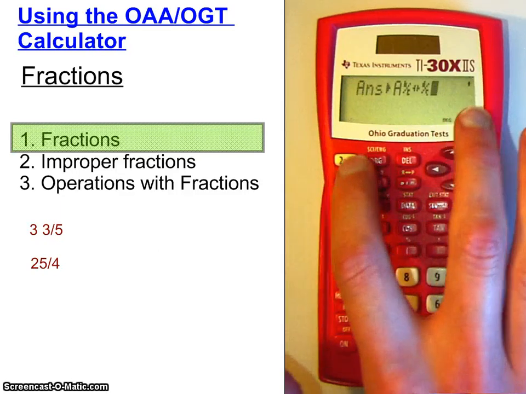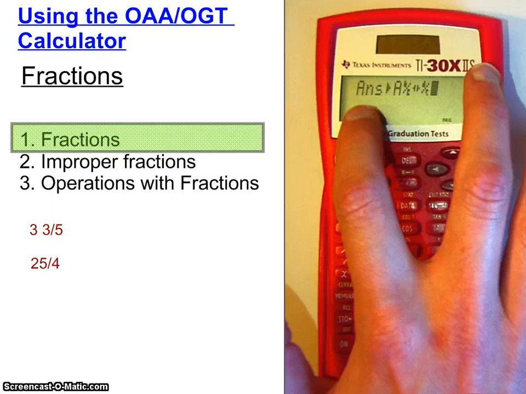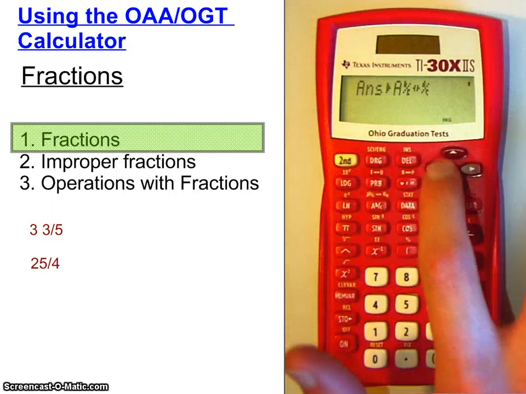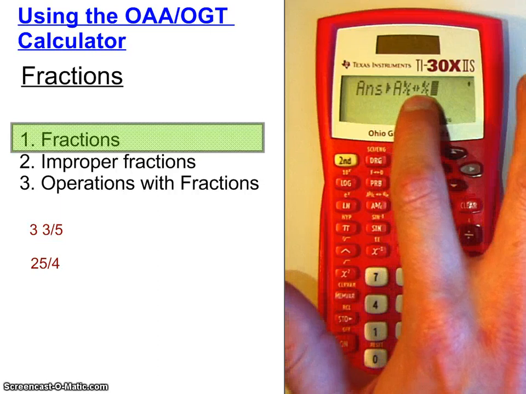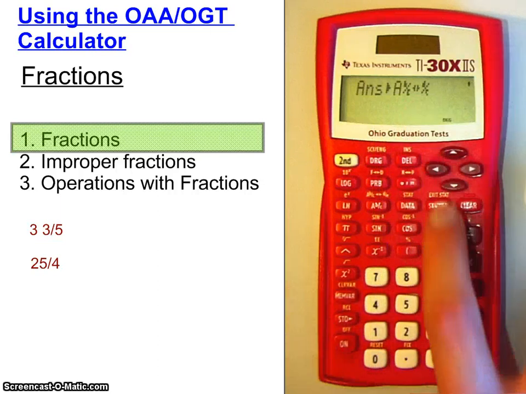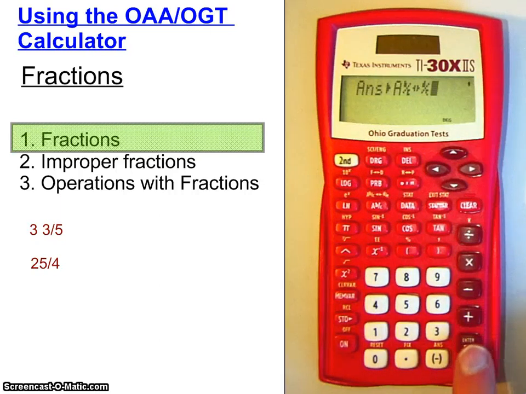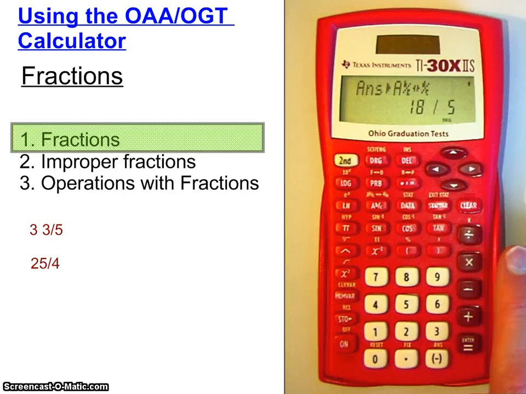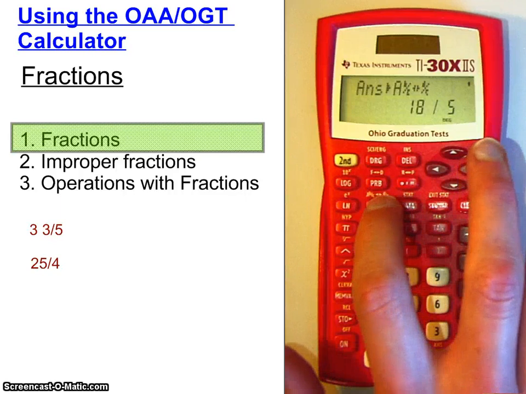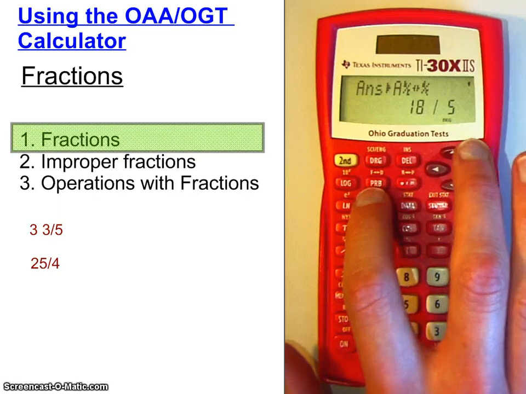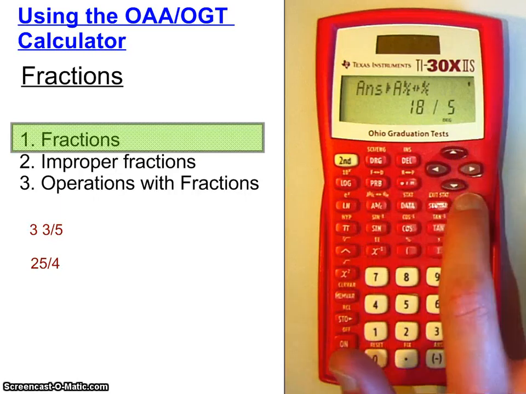And notice it says A and S, that's for answer, so it's taking that answer and changing it from a mixed number to an improper fraction, as you see there. I'm going to push the equal sign, and it changes that mixed number into an improper fraction. So you can go back and forth. You can change an improper fraction to a mixed number and vice versa. So let's go ahead and clear that out.